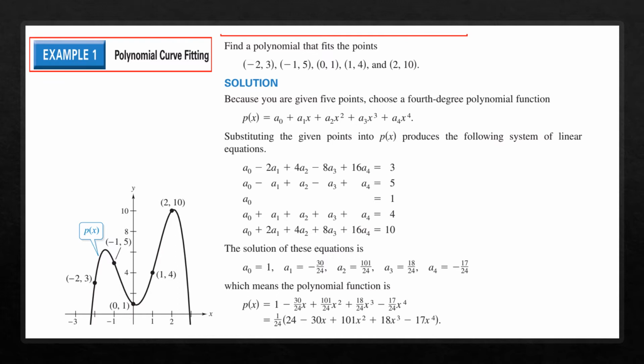P of x is a0 plus a1x plus a2x squared plus a3x cubed plus a4x to the 4. By plugging in these 5 different points, we get a system of equations here.